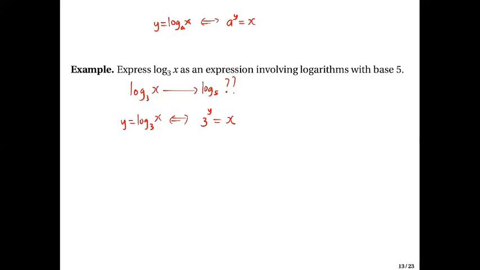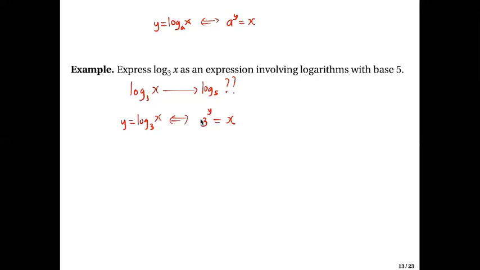Okay? Now, we want logarithms with base 5. And we don't see any logarithm in this part here. So 3 to the y, it's just a number, and it's written as x. So if I get the logarithm of 3 to the y, I should also get the logarithm of x to retain the equality. Correct?